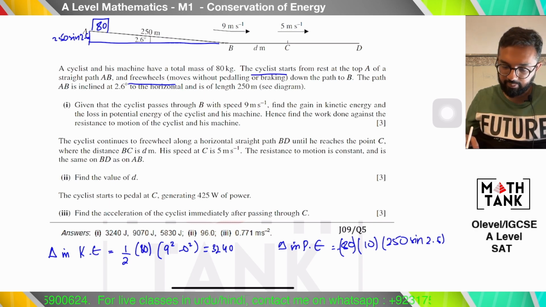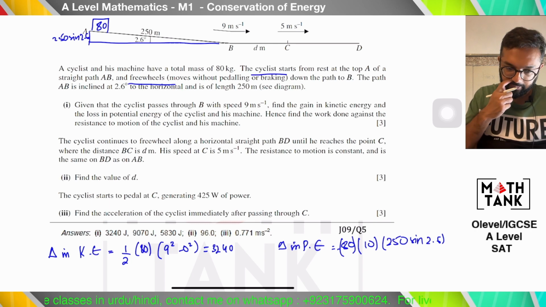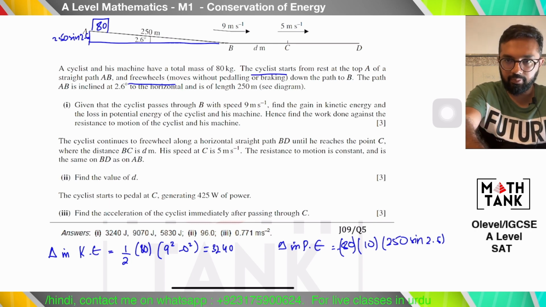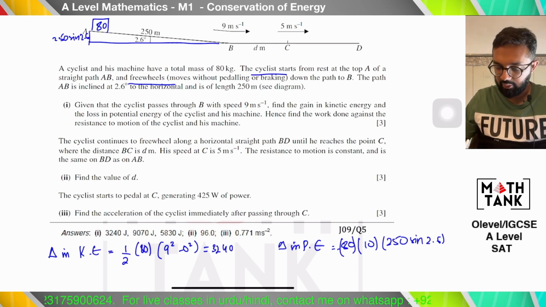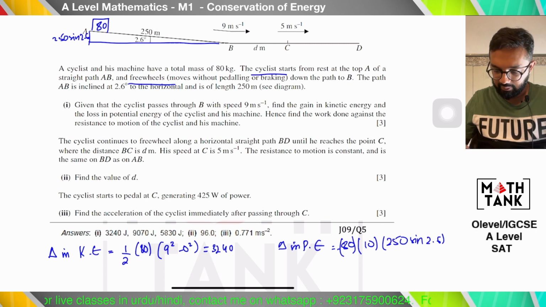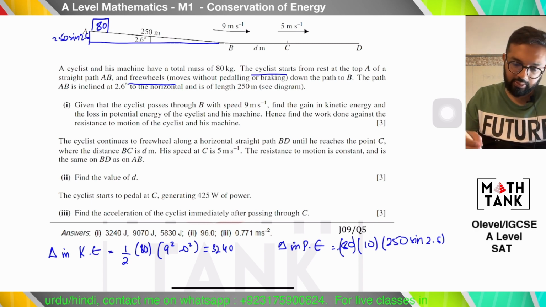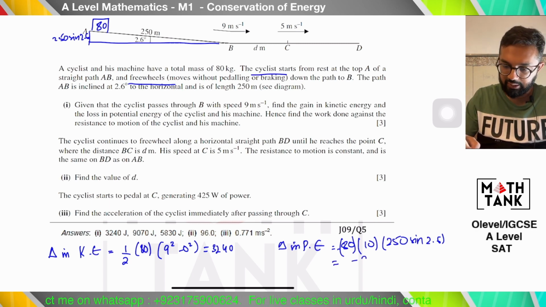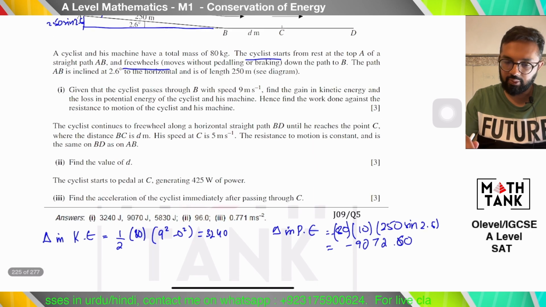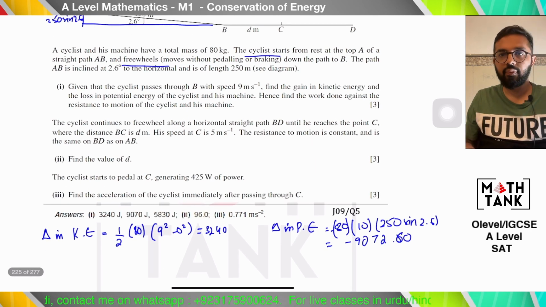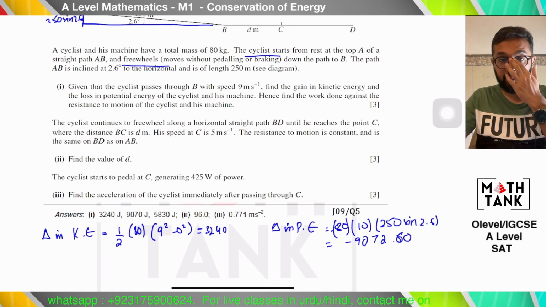My calculator is not in degrees. Okay, so that's minus 9072.560. Let's keep that. I have to round this off to three significant figures for the final answer.